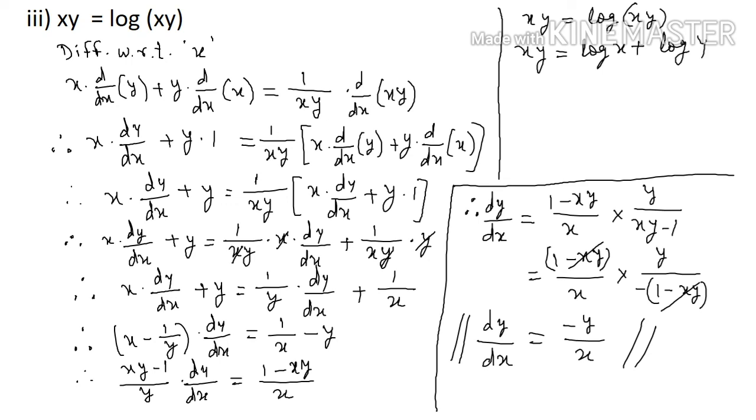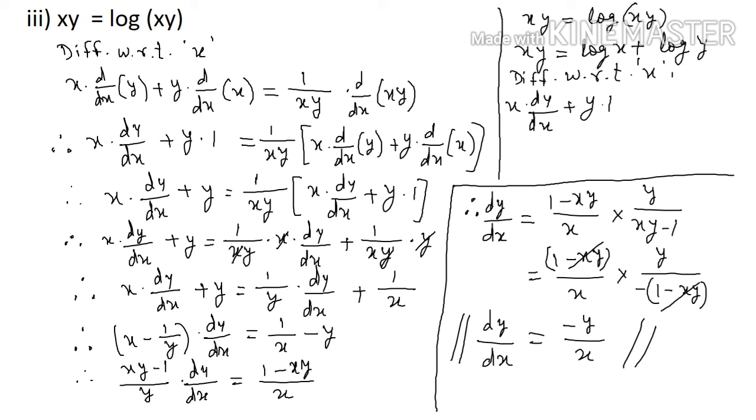Correct? Log of a into b is log a plus log b. Now differentiate with respect to x. So you will get x into dy by dx plus y into d dx of x, that is 1.